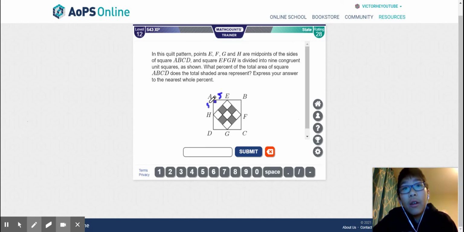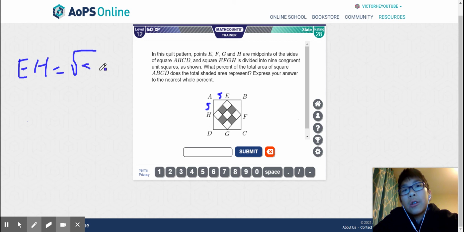This is also 5. So that means EH, it's kind of hard to see, equals square root of 50, because of the Pythagorean Theorem.